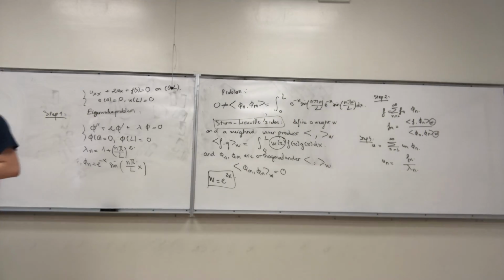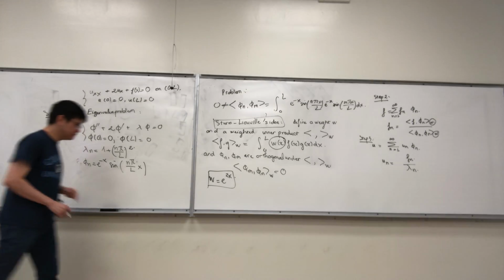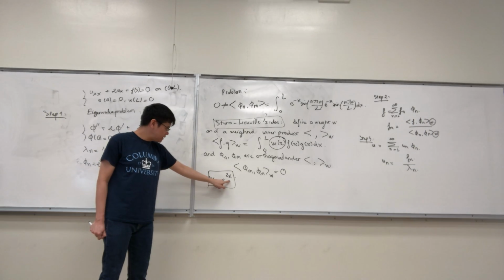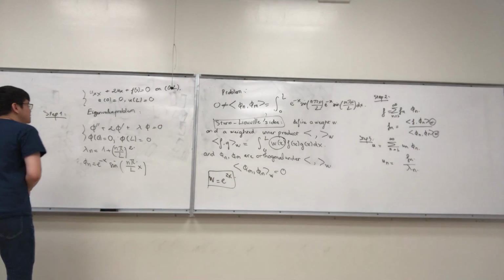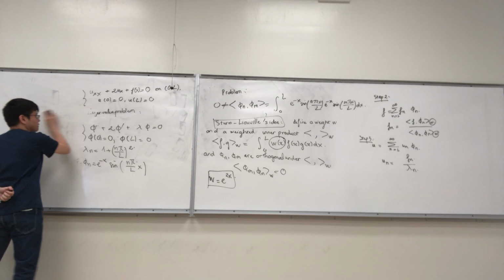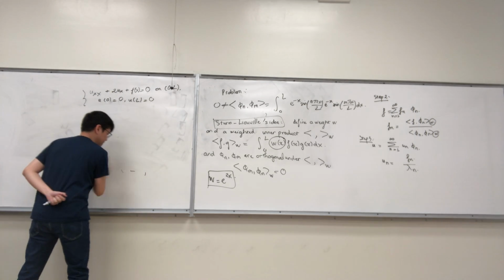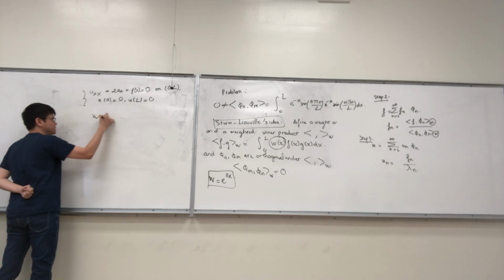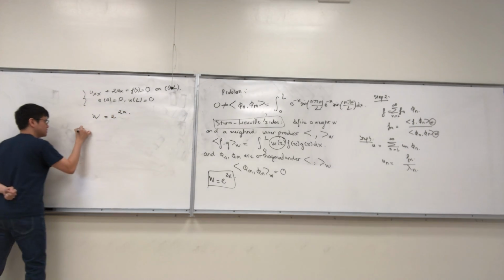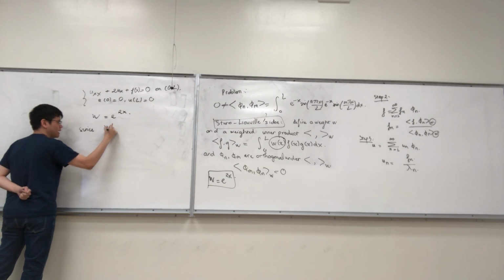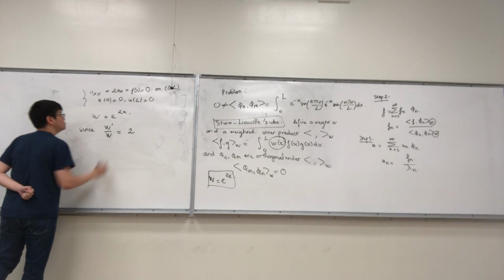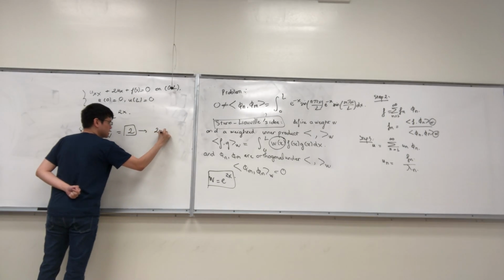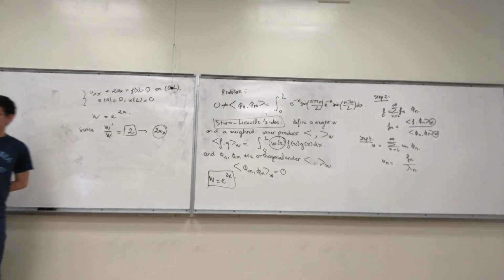So in the previous class, we were trying to understand why we have W equal to e to the 2x. We explained that W is e to the 2x since W prime divided by W is 2, where 2 is the constant in front of u_x.